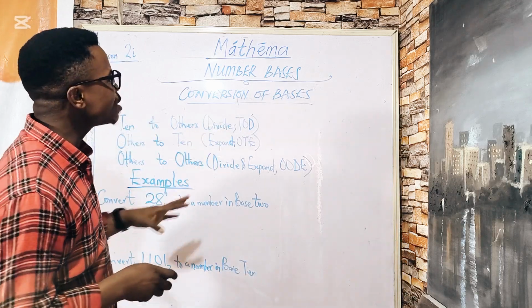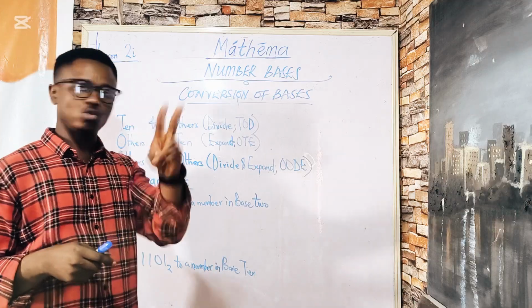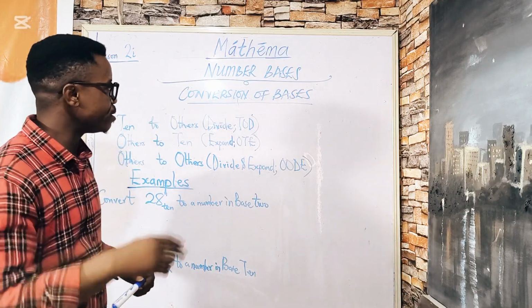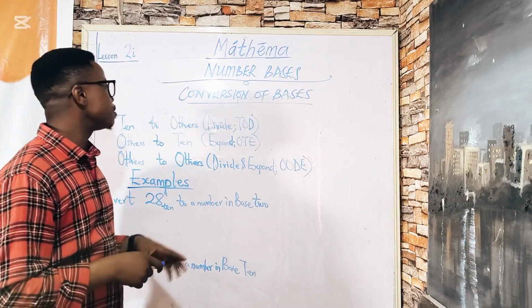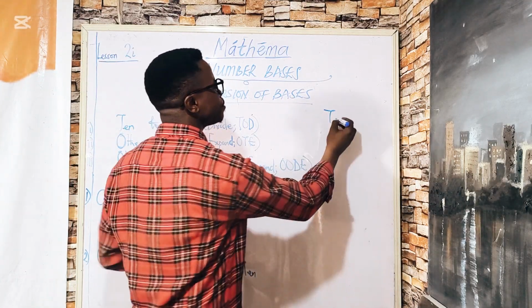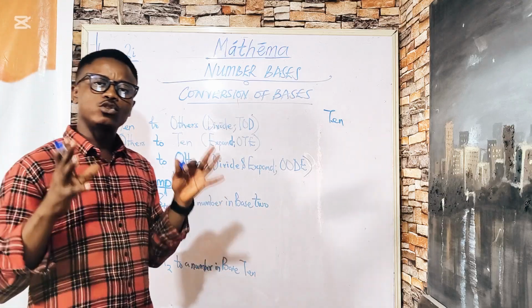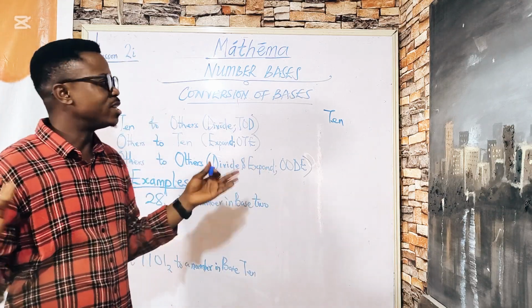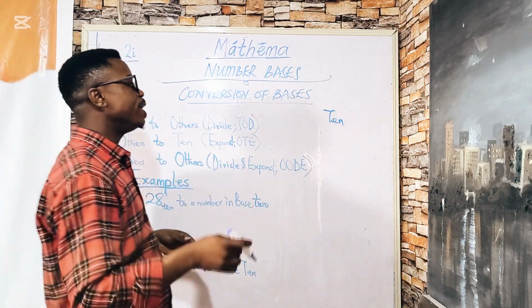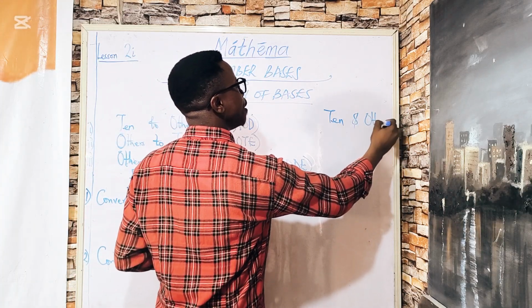But in conversion of bases, I would like to classify everything into two basic bases. Whenever you come to the topic conversion of bases, take note of this. There are only two kinds of bases: base 10 and base others.